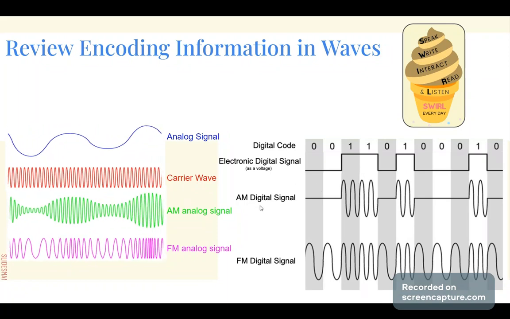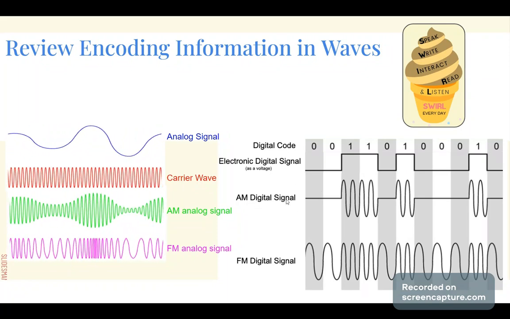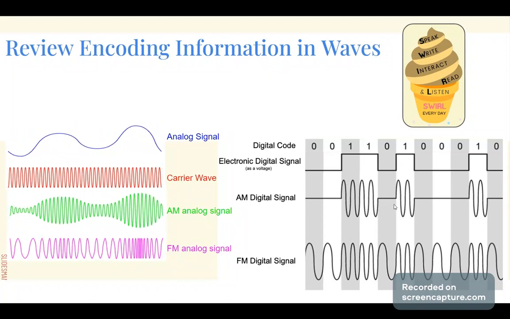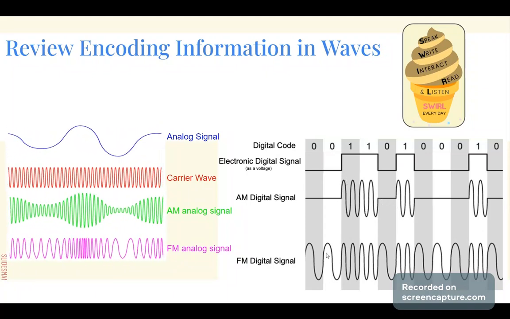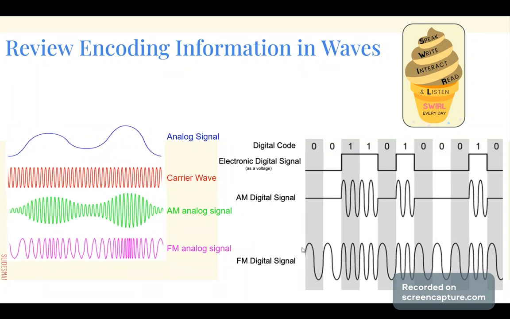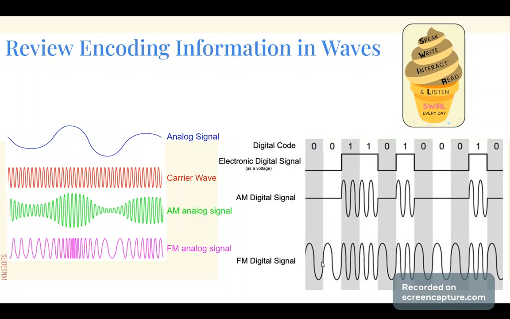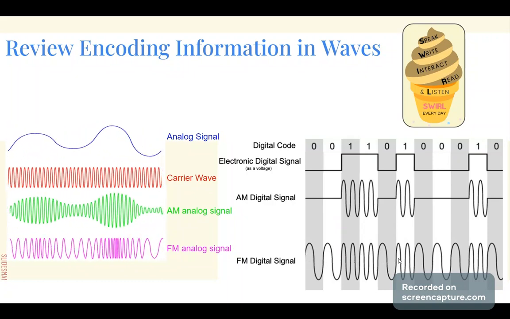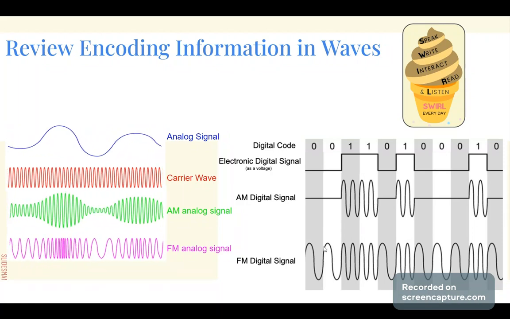We could do an AM signal, amplitude modulated, so flat for zeros and then spikes for ones. We could do an FM digital signal, right? This would be where it's low frequency and then high frequency, and then low frequency and then high frequency.